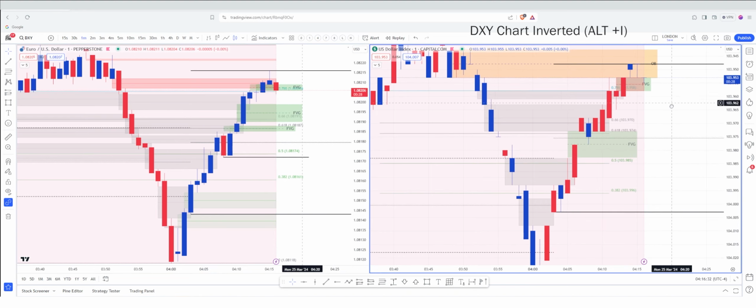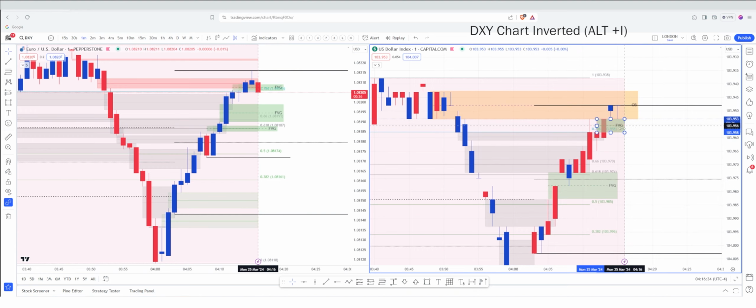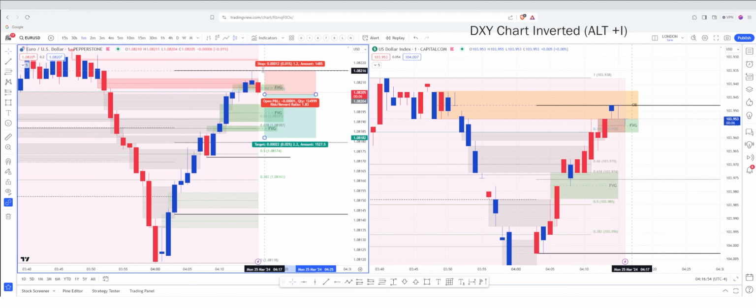I would also want to see the Dixie closing over this fair value gap. I wouldn't take the trade if the euro closes but the Dixie doesn't. I'd want to see them both closing. Stop loss would be above this high if this does come out. Trade would look something like that.